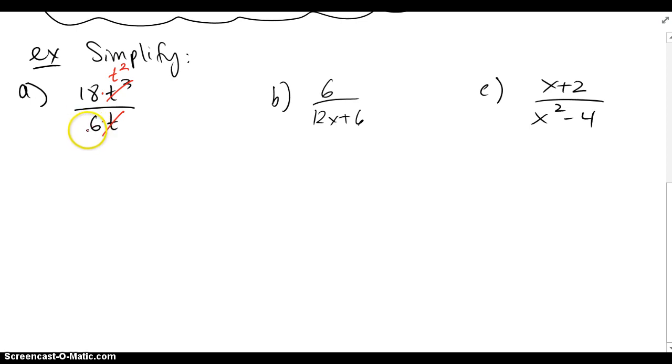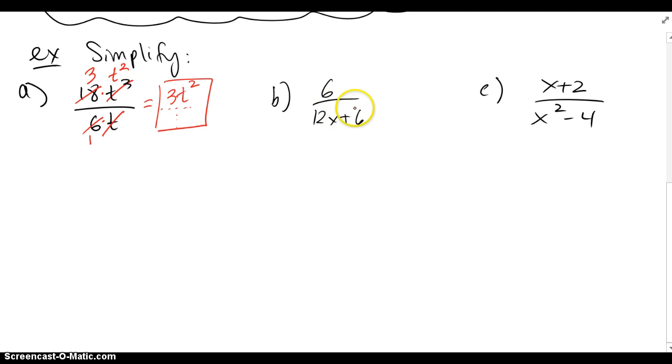I can say 6 into 6 goes once, and there's really a 6 times 3 here for the 18. So I'm going to be left with a 3, and my final answer is really 3t squared over 1, or just 3t squared. All we did was reduce the numbers and then the variables since they were multiplied together.